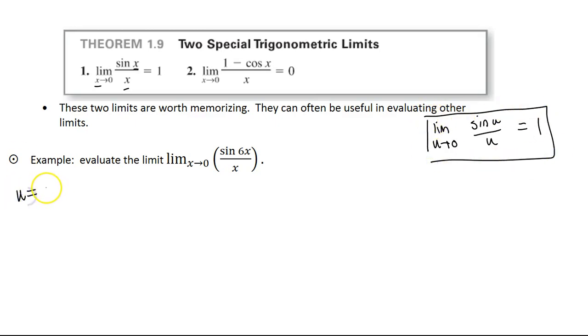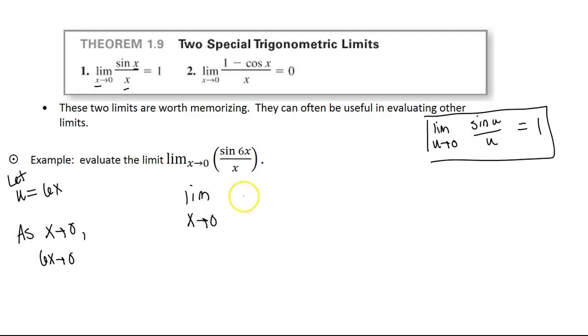So if we let u be equal to 6x, as x approaches 0, so as x gets tinier and tinier, what happens if you take a number that's approaching 0 and you multiply it by 6? Well, that number is still going to approach 0, it might just be a little bit slower. So we can say that as x approaches 0, 6x is also approaching 0.